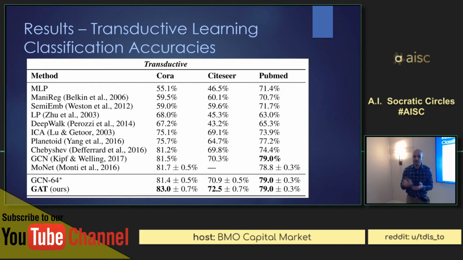That's the paper that Parham reviewed 3 weeks ago. 70.3% for Citeseer here and 79% for PubMed. Now for the graph attention networks, it's not a lot better, just 83%, which is basically 1.5% better. And this is only a couple of percentage points better. And for PubMed, it's identical.